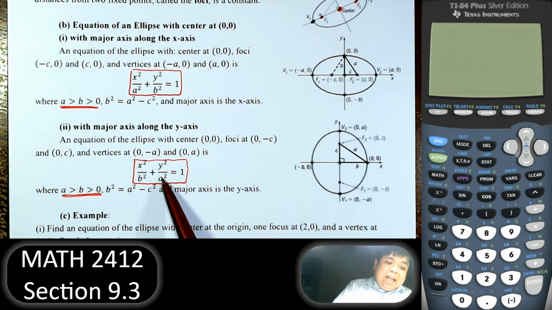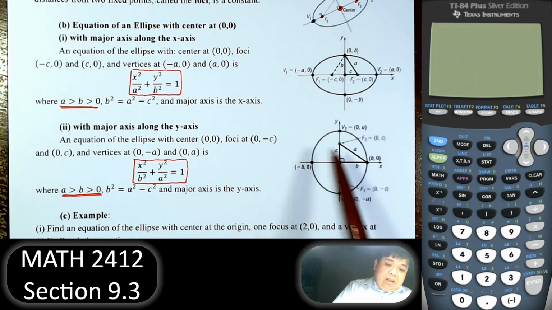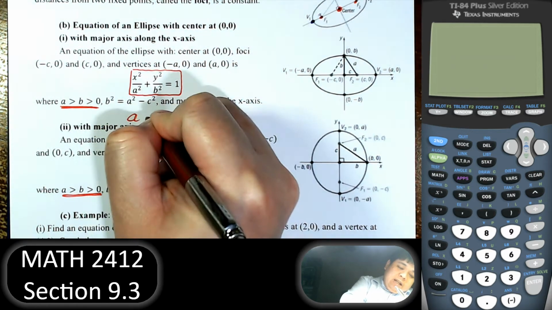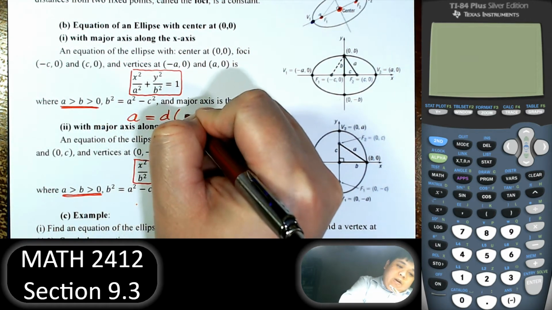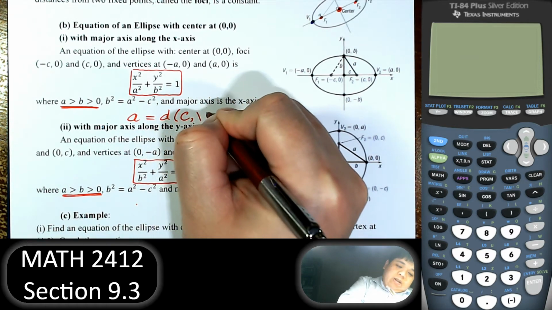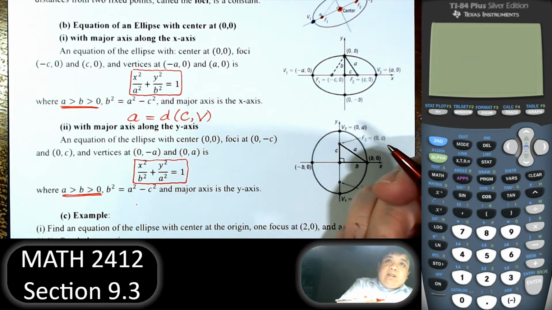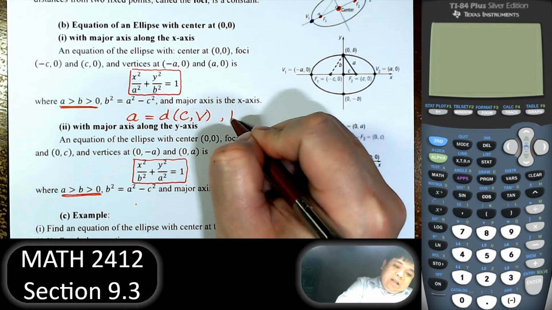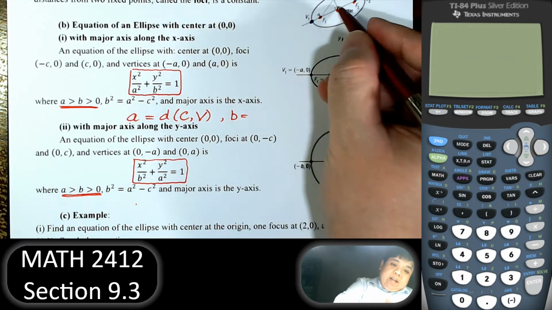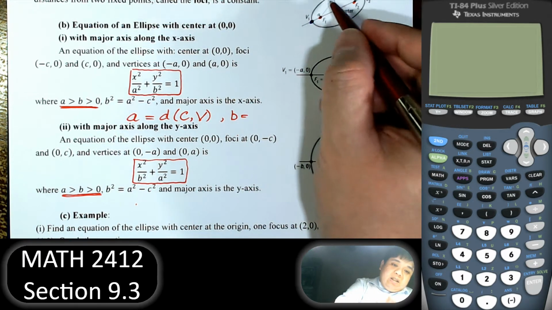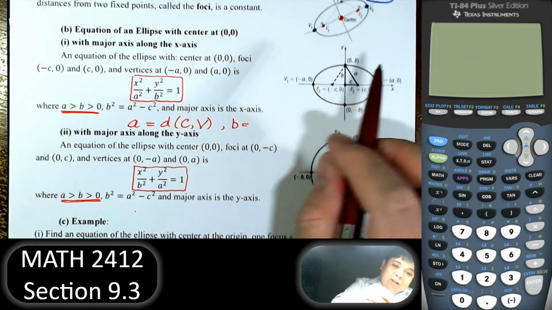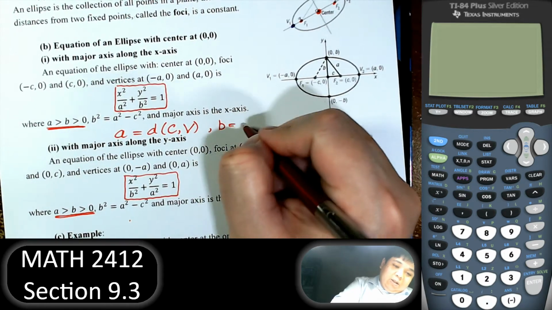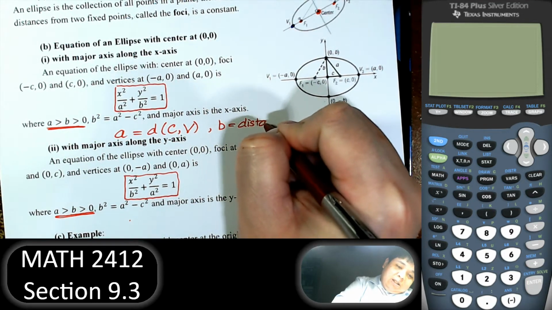The a is equal to the distance from the center to each of the vertices, and b is the distance from the center to the minor axis. The minor axis is perpendicular to the major axis.